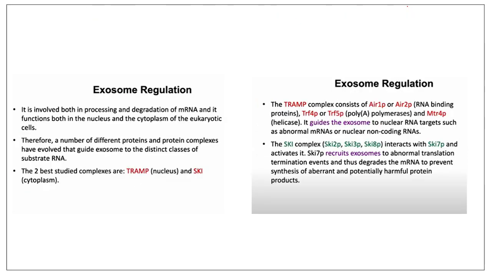Now you see how exosomes regulate. So just now we saw that exosomes are responsible for processing of mRNA, processing of non-coding RNAs and degradation. And it functions both in the nucleus and cytoplasm of eukaryotic cells. Always remember two things whenever we are talking about exosomes here.